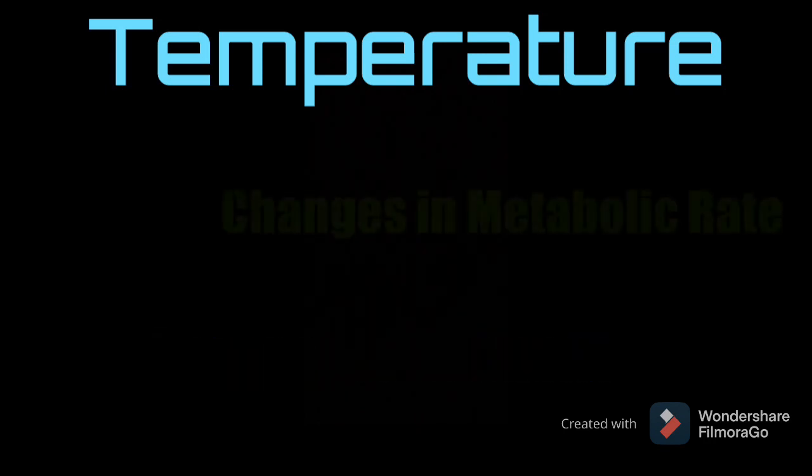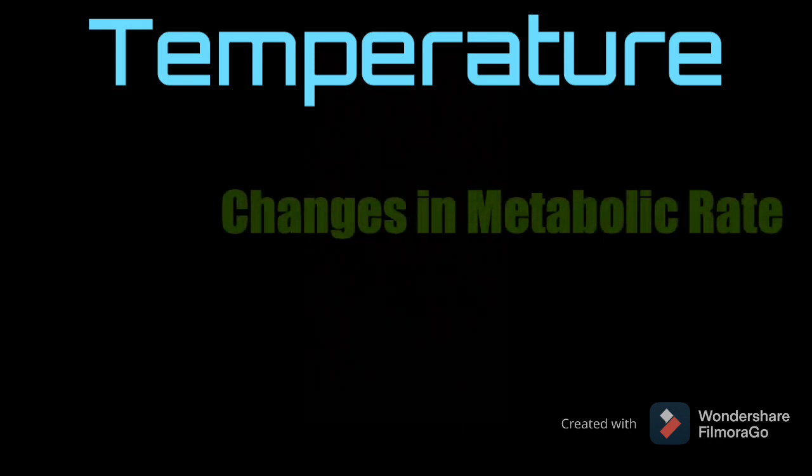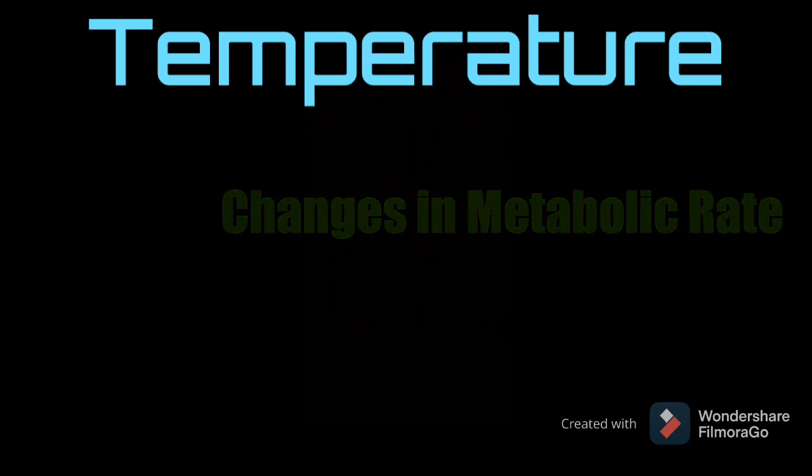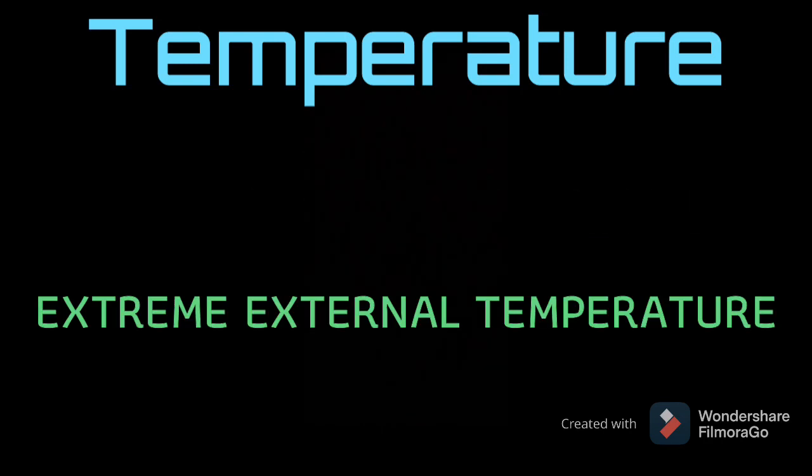This is because of the metabolism of the food that we eat. Because the food that we eat will be converted into energy. Kaya nga ginagamit natin yung mga pagkain natin para makagalaw-galaw tayo at makapagtrabaho tayo araw-araw. Okay? And extreme external temperature. Kung masyadong mainit yung area, mas umiinit din yung katawan natin.